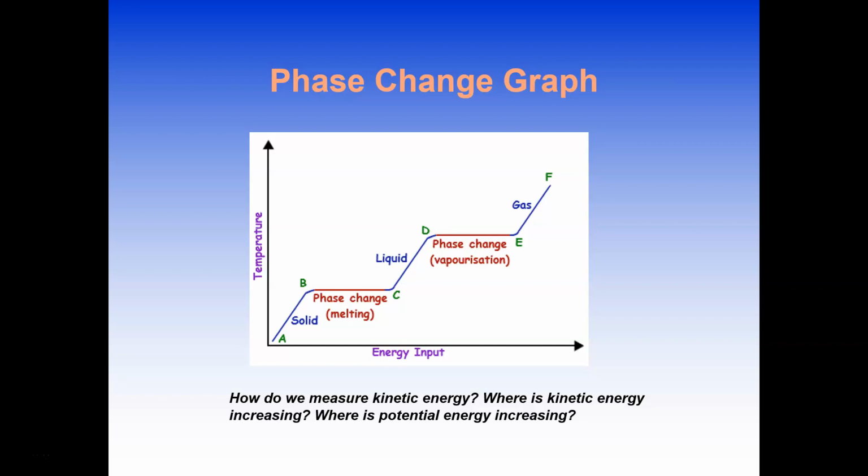The kinetic energy is increasing on the sloped lines. So when we are in our phases, solid, liquid, gas, our kinetic energy is increasing. Meanwhile, our potential energy increases during phase changes, or the flat lines. So when phase changes occur, our potential energy is increasing.